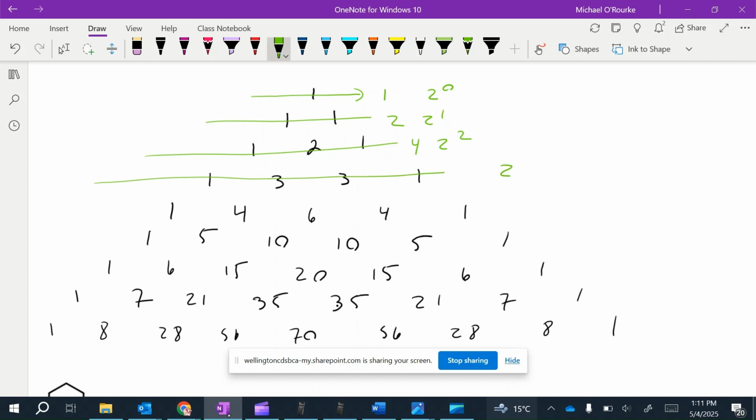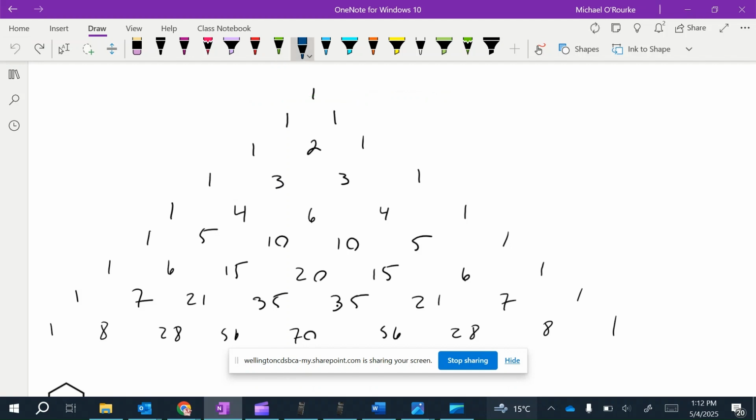Next one is 2 to the power 3, which equals 8. 3 plus 3 plus 1 plus 1 is 8. If we keep going this way, it keeps going up by powers of 2. That's going to be 16. Right, 10 plus 6 is 16, and it keeps going and going. So the sum is 2 to the power 5, 2 to the power 6, 2 to the power 7. So those are all kind of neat things you can see here. I'm just pointing out neat things. Those are not going to matter for what we're doing here.